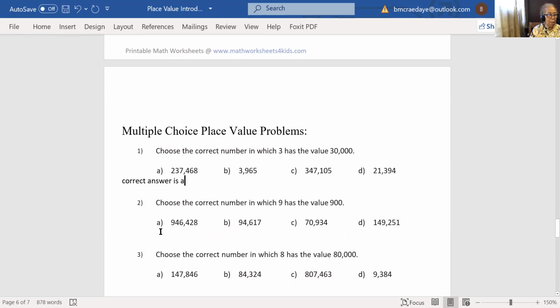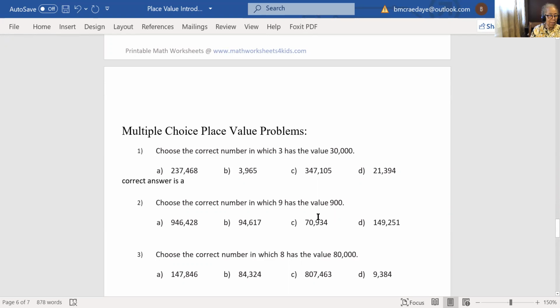Okay, let's go to number 2. Choose the correct number in which 9 has the value 900. So where do you see 9 in the hundreds place? Well, it's not here because that's thousands, right? That's 9,000. It's not here because that's 10,000. It's not here because that's 100,000.